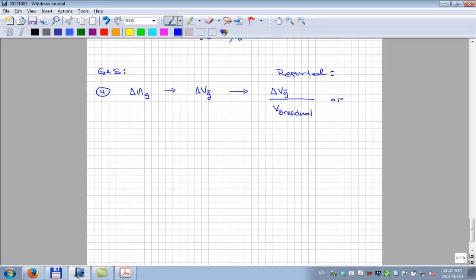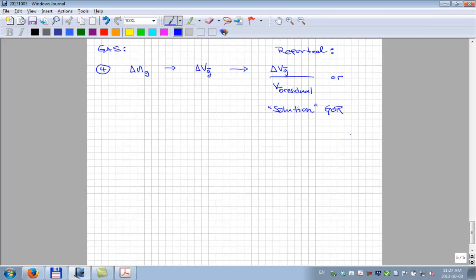or it may be a solution gas-oil ratio. And they may actually report both.